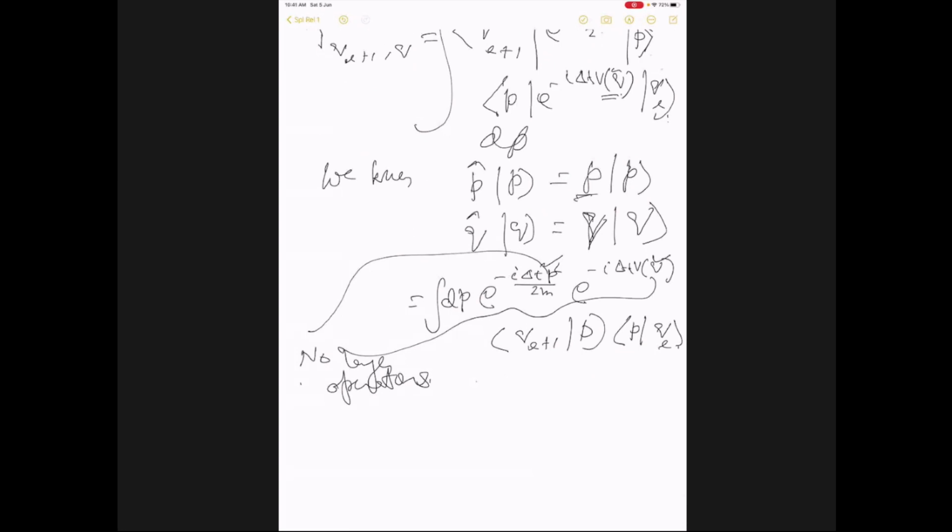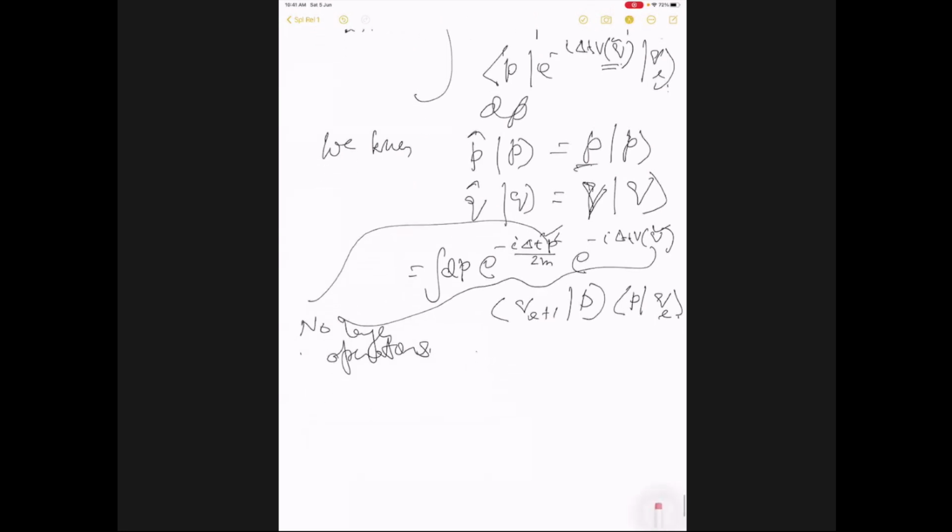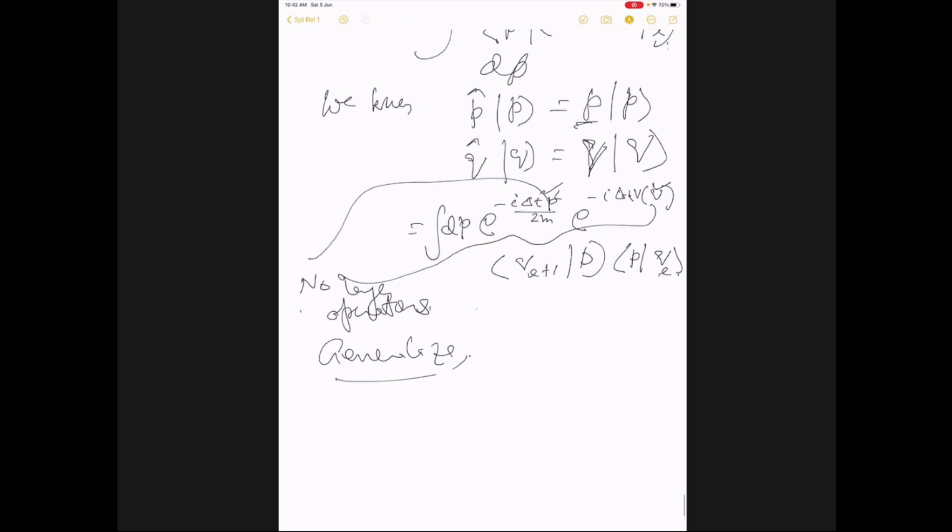So now what you do, you generalize this to the entire path from QI to QF, UTF.